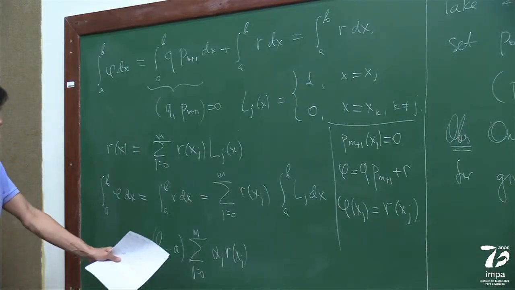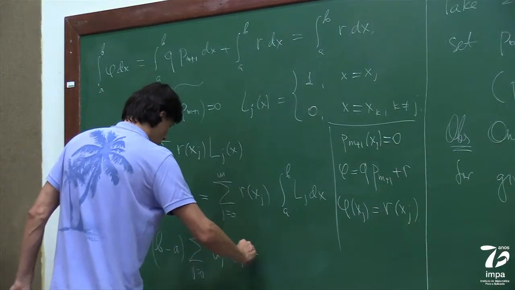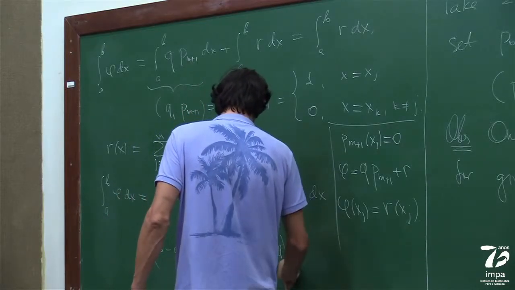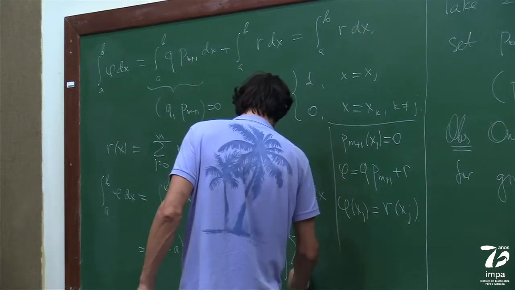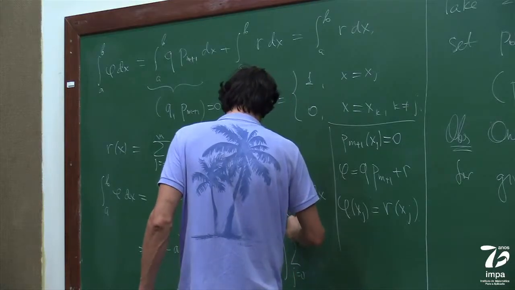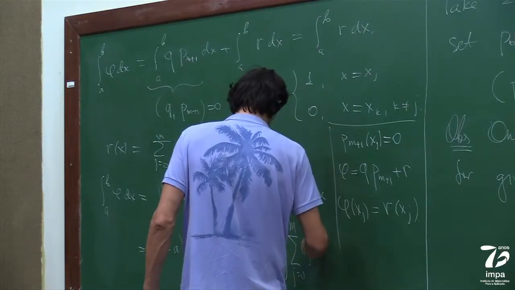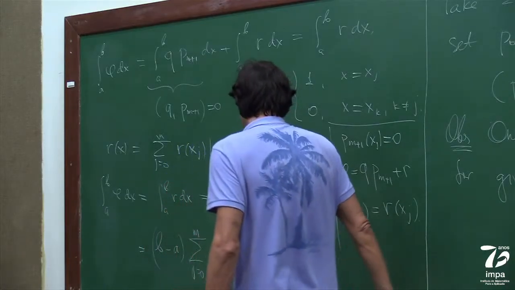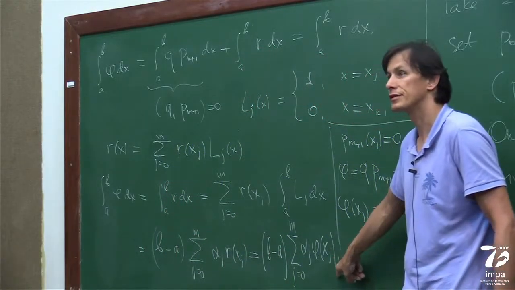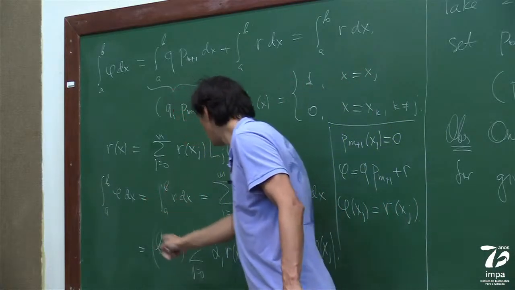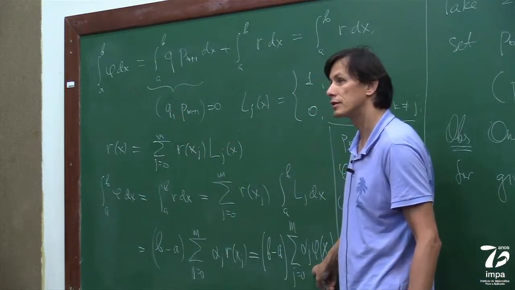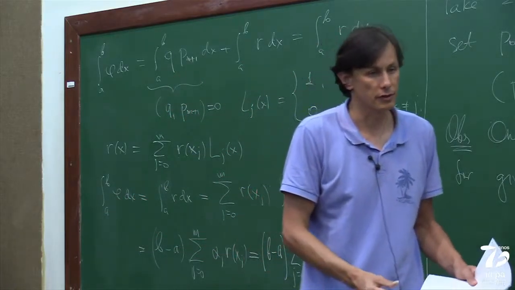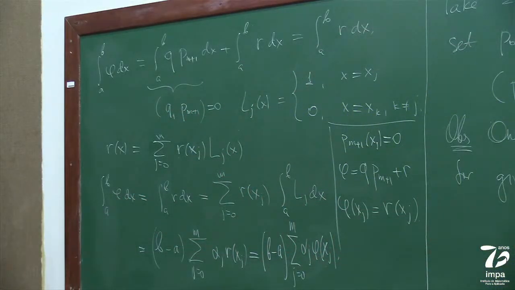So we can just write it as b minus a times the sum over j from 0 to m of alpha j phi(xj). And this exactly proves that this quadrature is exact on every polynomial phi which has a degree up to 2m plus 1.